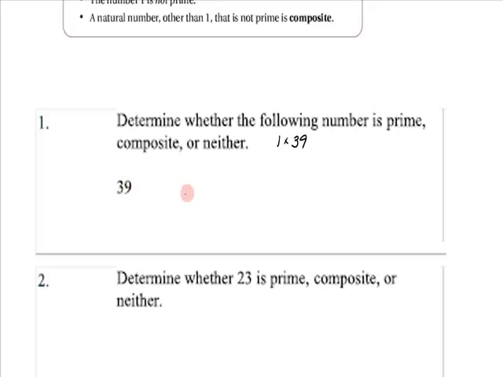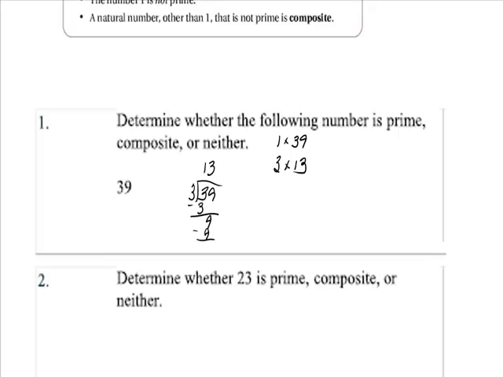How about 3? If I divide 3 into 39, it's going to go 1. 1 times 3 is 3. Bring down the 9. 3 goes into 9 3 times. And 3 times 3 is 9. Remainder of 0. Oh, 3 times 13 is another pair of factors.